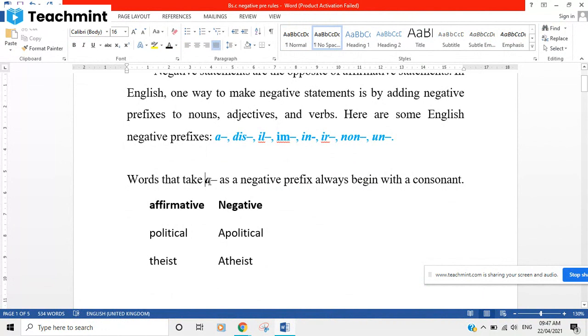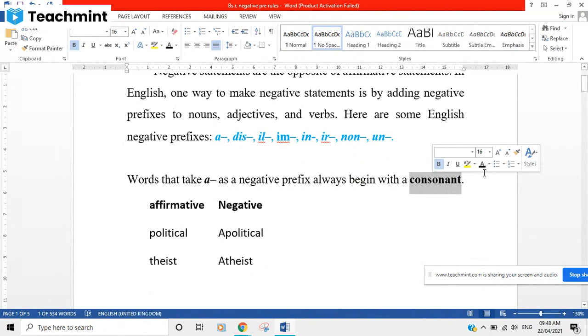Consonant means what? Can you tell me what you mean by consonant in Marathi or in Hindi?